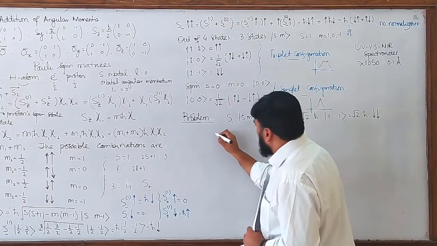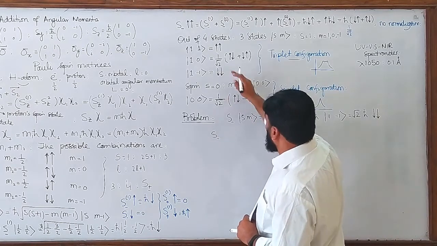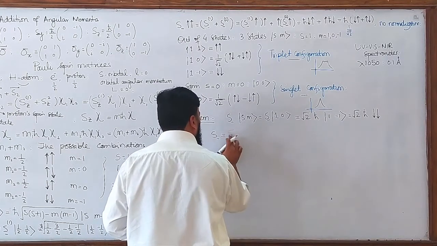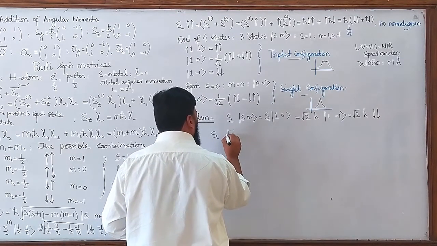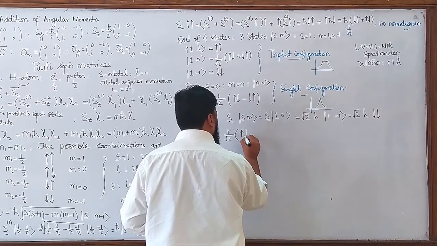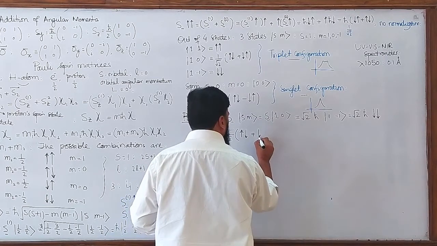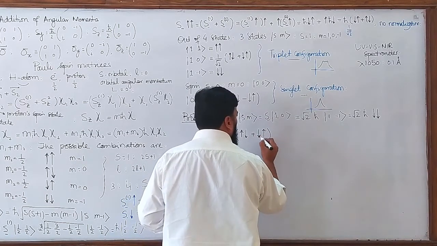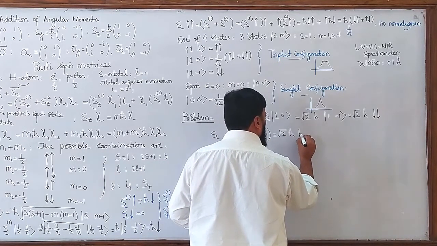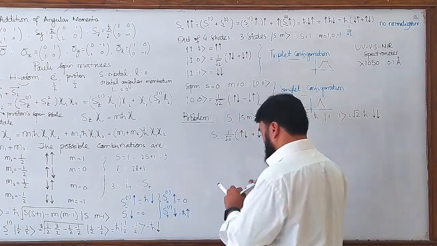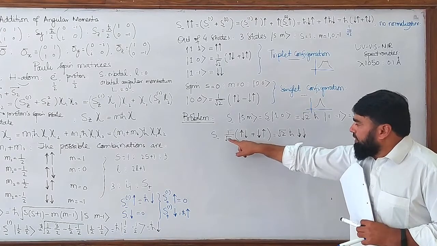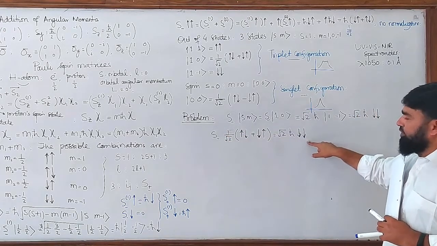This means you applied S minus on 1 over root 2 times this state, up, down plus down, up. And you got square root 2 h bar times this state. Clear? So the state has changed to this one.